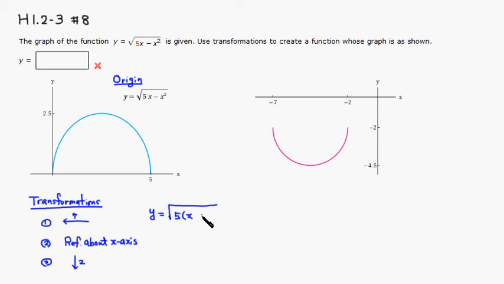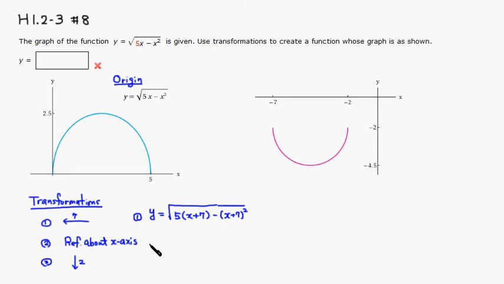You want to go to the left, so you add 7 there, minus, here's another x, so we put the x plus 7, so quantity x plus 7 squared. That's after the first transformation.